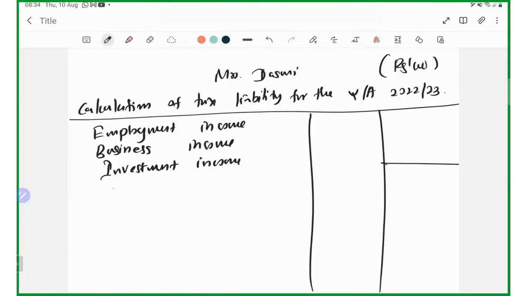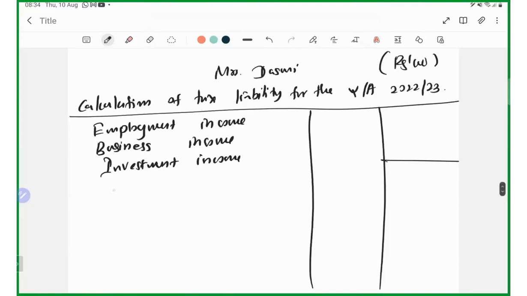And then you can see the total of these values. We have to take that as total assessable income.